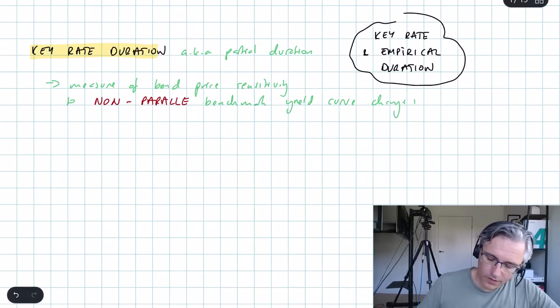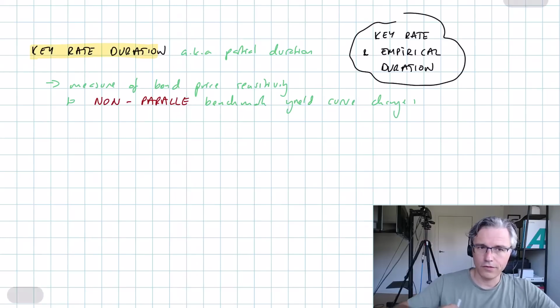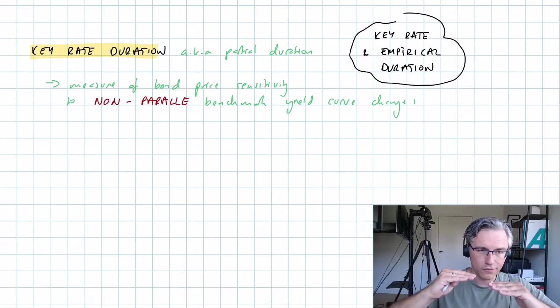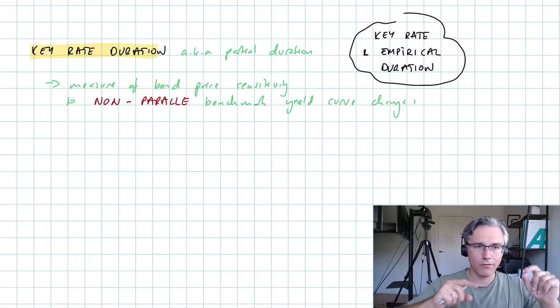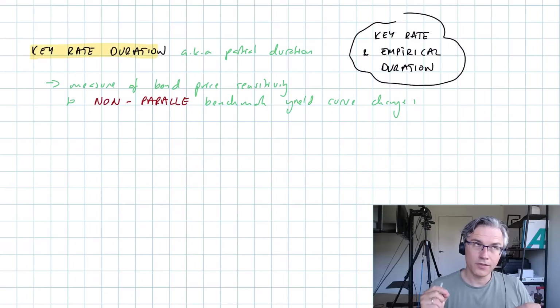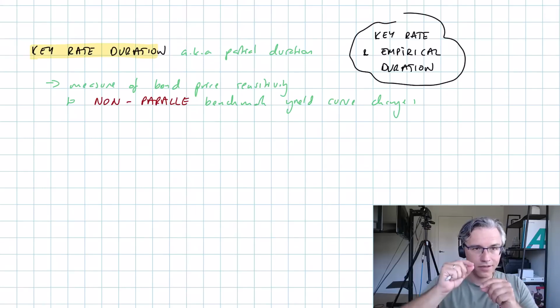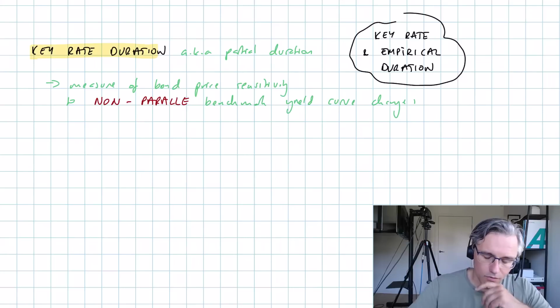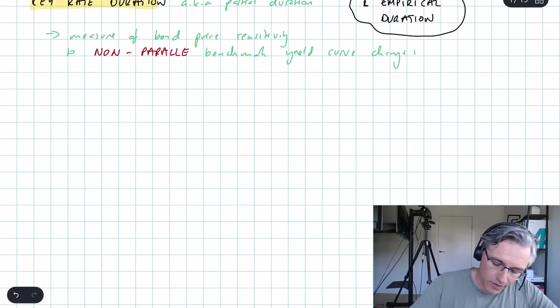So if you've got the benchmark yield curve, instead of assuming you shift it all by the same amount across the different maturities, you will only be assuming there is a shift to the key points on that yield curve. For example, a specific maturity, like a 2-year or a 5-year, that goes up. And then, so let me write that down.